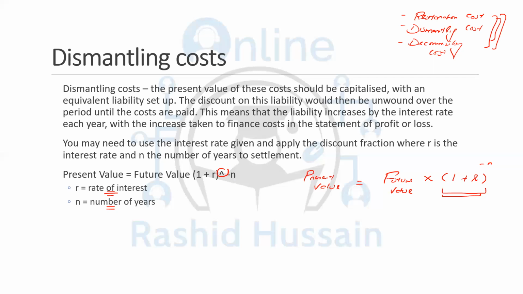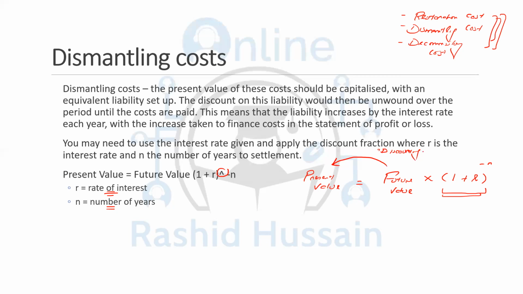It is going to give you 0 point something. You can just take, for example, 0.926, up to 3 decimals: 0.926, 0.825, 0.728, things like that. So present value equals future value times (1 plus R) raised to power minus N. And when we are bringing the future value to the present value, this process is known as discounting.